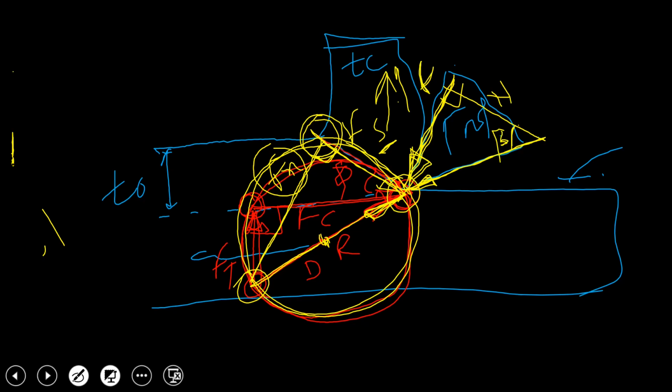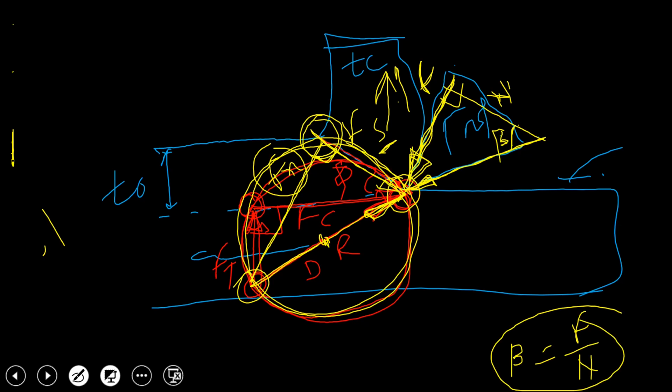This is frictional force, this is normal, and we know that beta or friction angle is F by N. Okay, so that way you can calculate the friction angle.